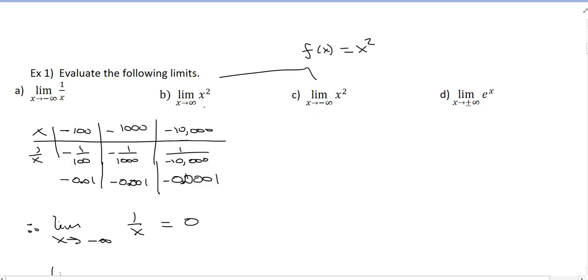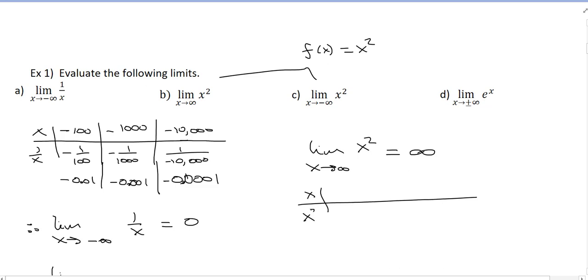So notice that as x goes to infinity, you can probably think of the graph. This is also going to go to infinity. But if you do a table of values, if you're not sure, going to infinity means getting arbitrarily large.